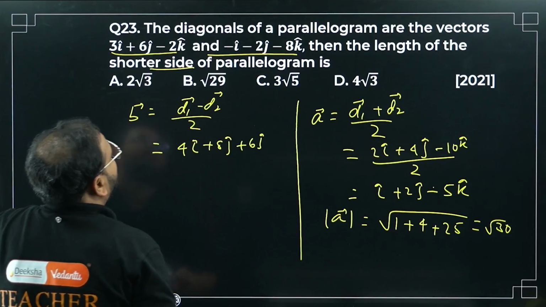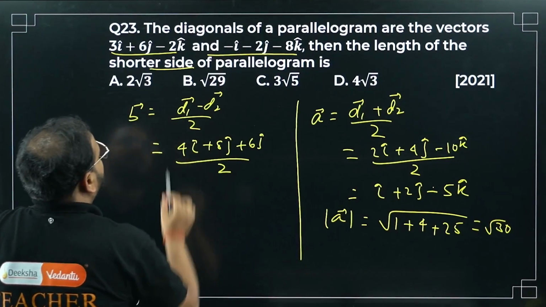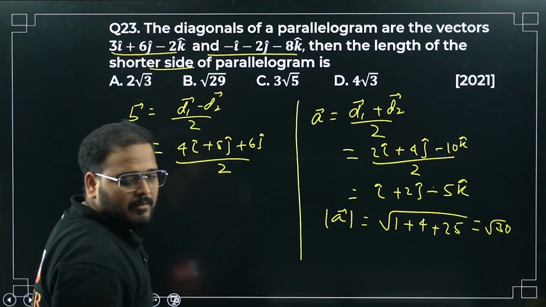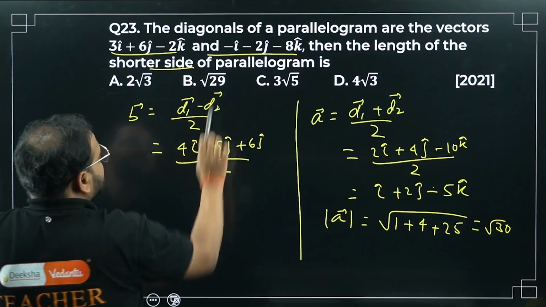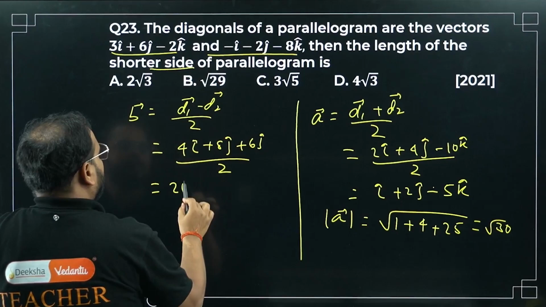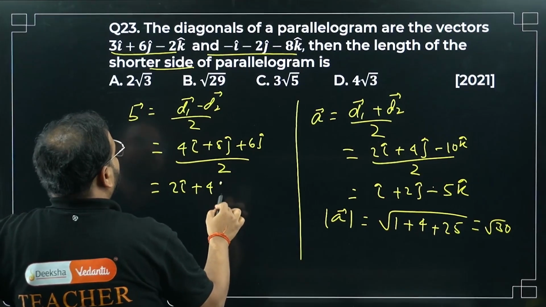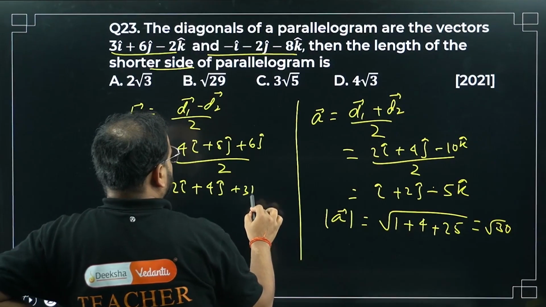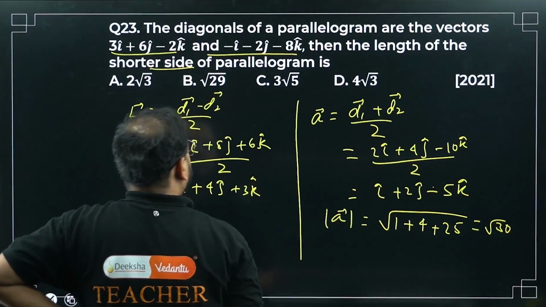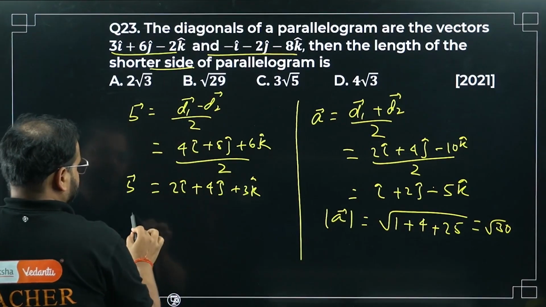Divide by 2. Minus 2 plus 8 is plus 6. So 2i cap plus 4j cap and plus 3k cap. This is my vector B.